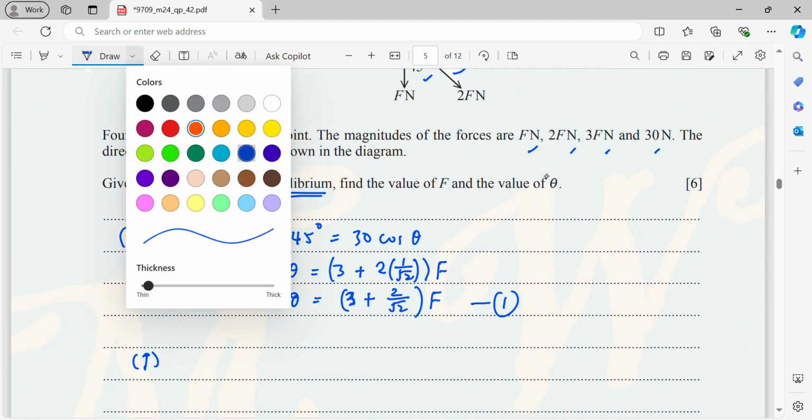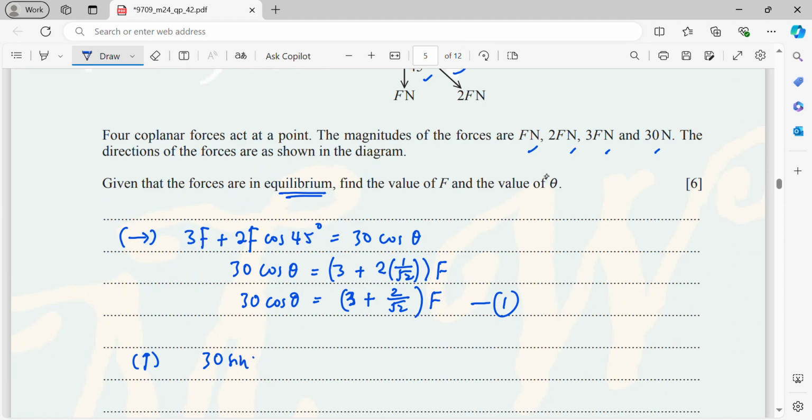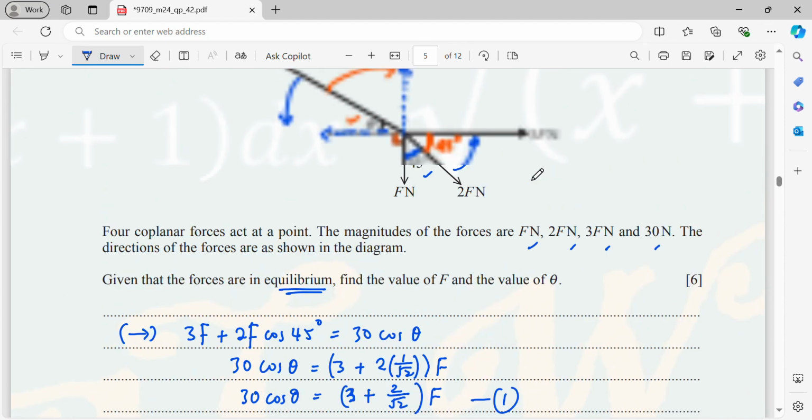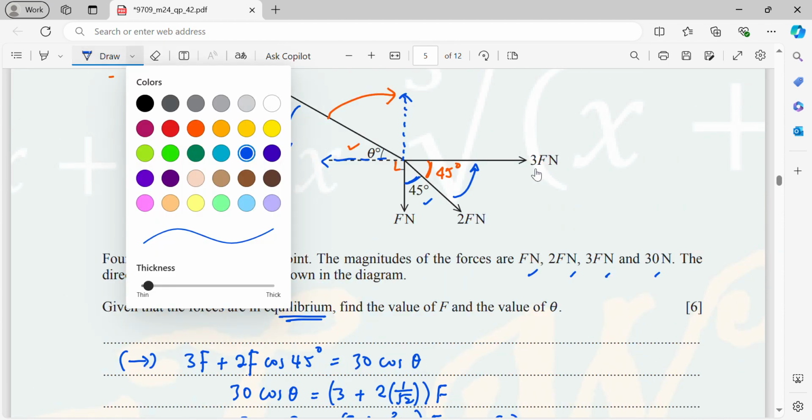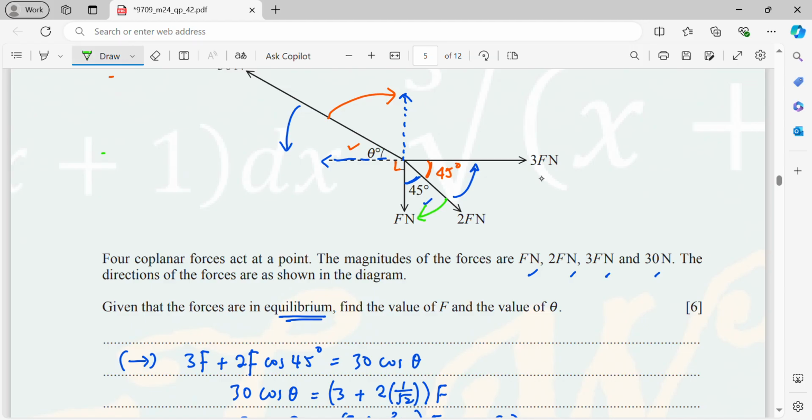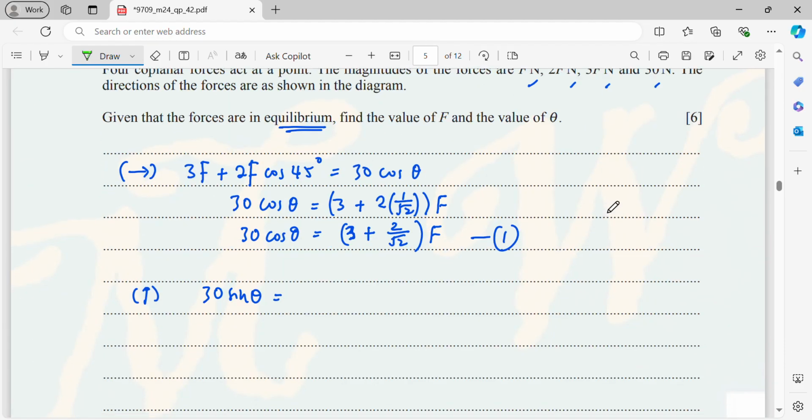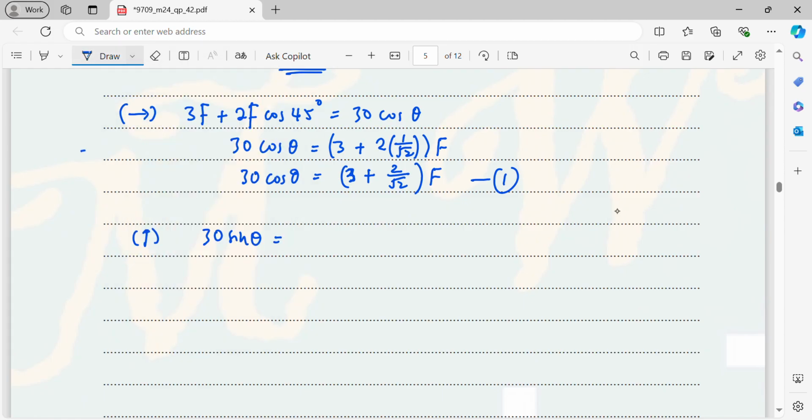So I will be getting 30 sine theta equals, for the downwards forces, I have F newtons, and I have to resolve this 2F using this 45 degrees. That is 2F cos 45 degrees. So I will be getting F plus 2F cos 45 degrees.